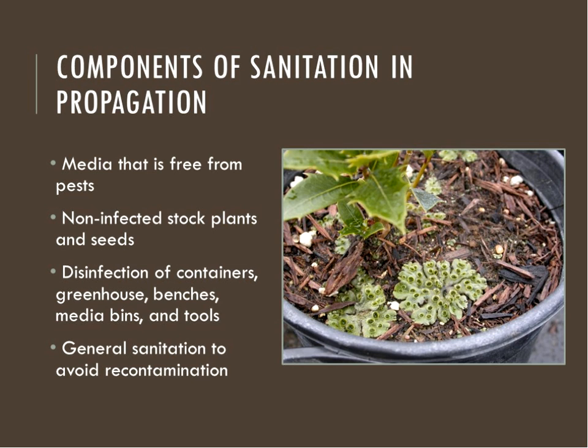There's a lot of different ways to sanitize things, but 10% bleach, you can't really go wrong with that. And then finally, general sanitation. This has to do with things like, let's say you're taking cuttings. If you drop a cutting on the floor, you don't want to pick that back up and stick it in your flat or wherever you're propagating, because it's just picked up what other spores, bacteria, etc. could be on the floor. So just things like that.